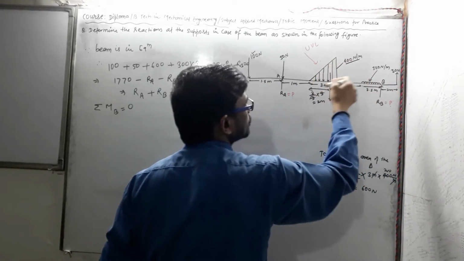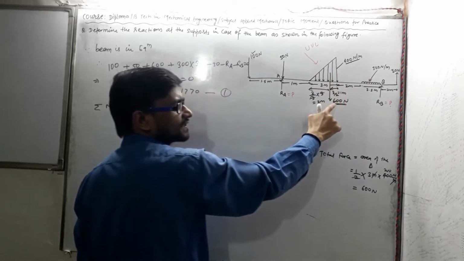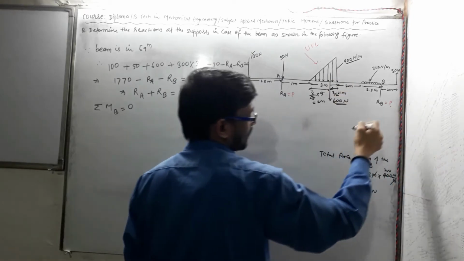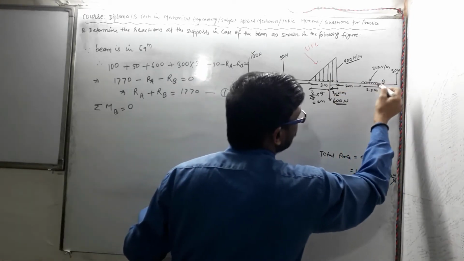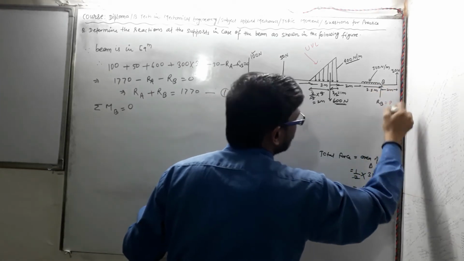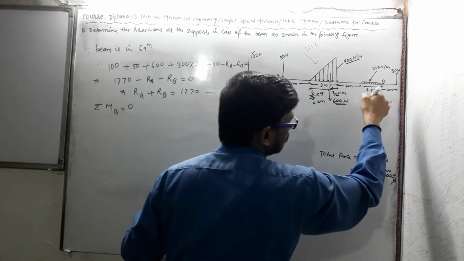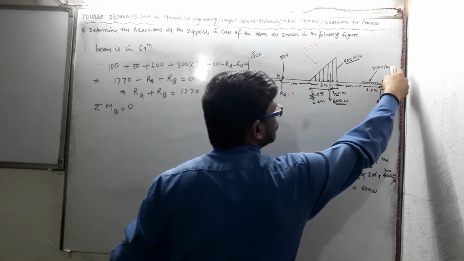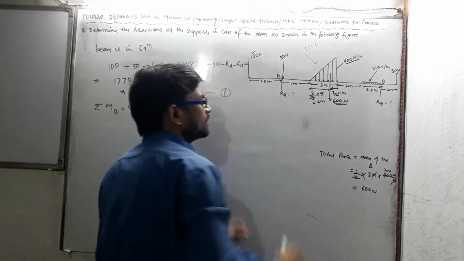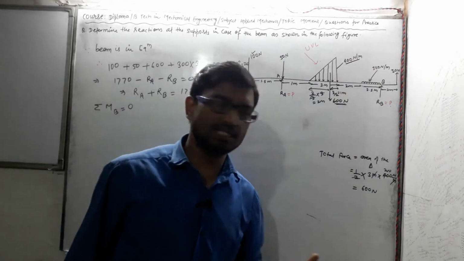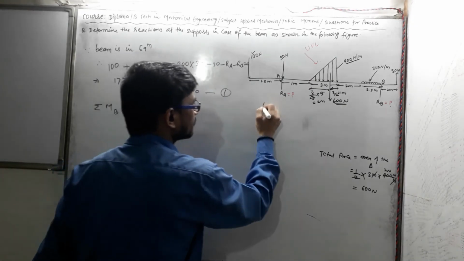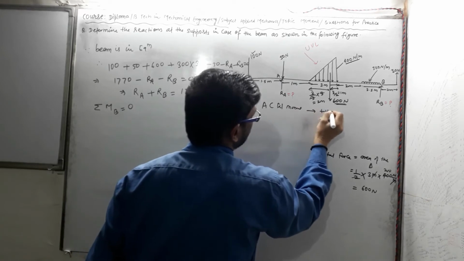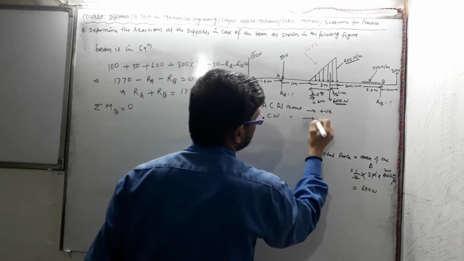The uniformly distributed load, which has a resultant of 600 Newton, will act at this CG point, also in downward direction, and produces an anti-clockwise moment. The 30 Newton force is also producing an anti-clockwise moment. So I am taking anti-clockwise moment as positive and clockwise moment as negative.